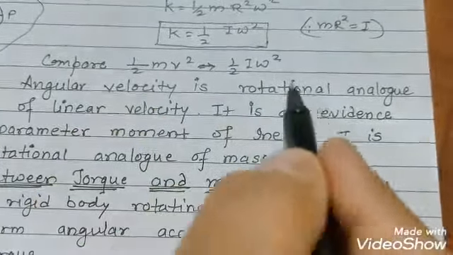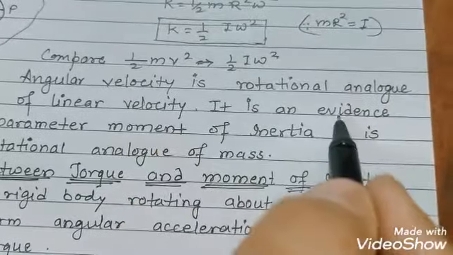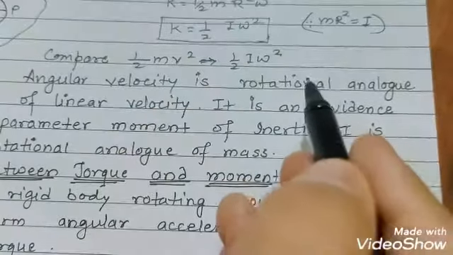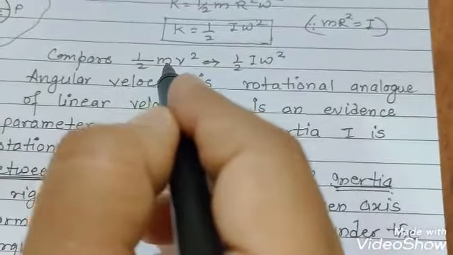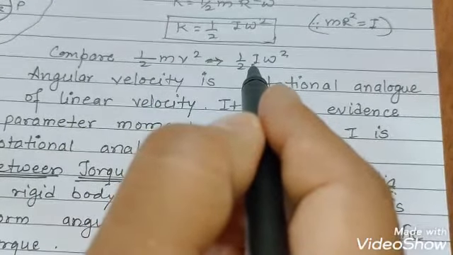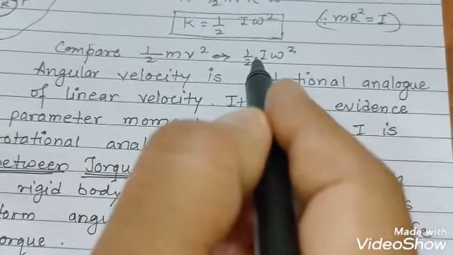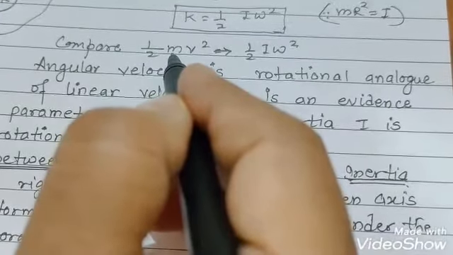And from this formula you will find evidence that the parameter moment of inertia I is the derived rotational analog of mass m. That means in rotational motion, moment of inertia will produce the same effect as is produced by the mass in translational motion.